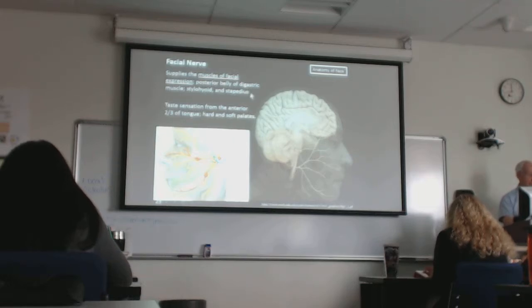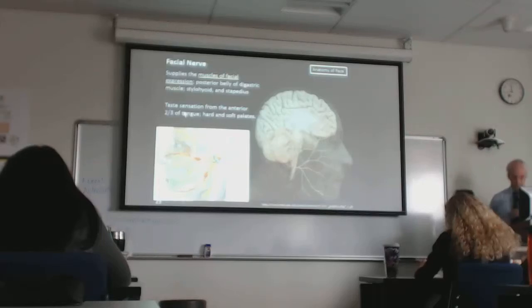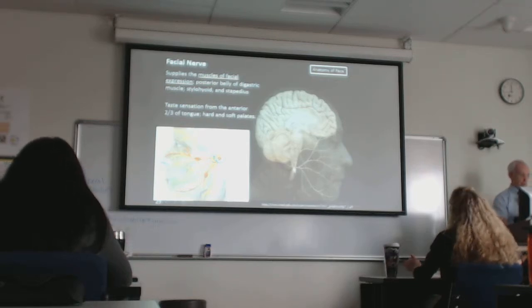And the stapedius, again, regulating the excursion of the middle ear ossicles. In addition, the facial nerve affords taste sensation from the anterior tongue and somatic sensation from the region of the throat. So we're looking over here at its emergence from the stylomastoid foramen and then its branching.